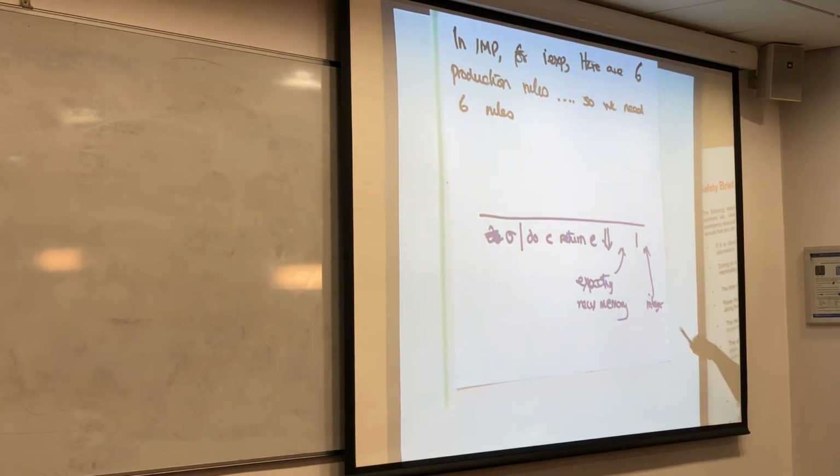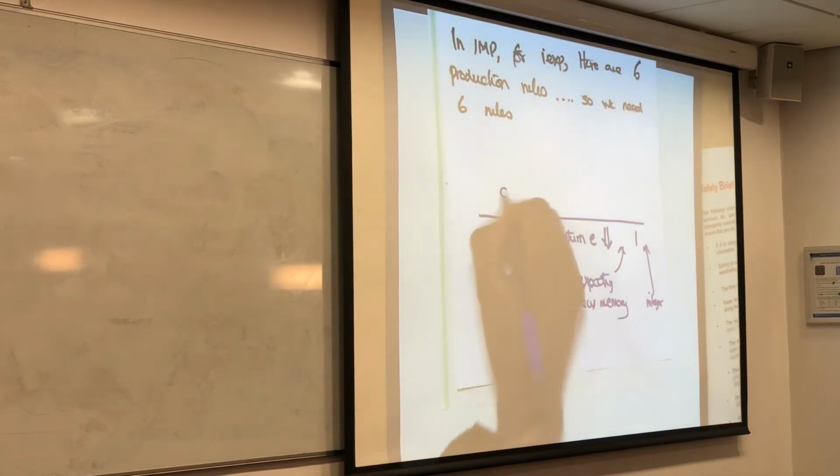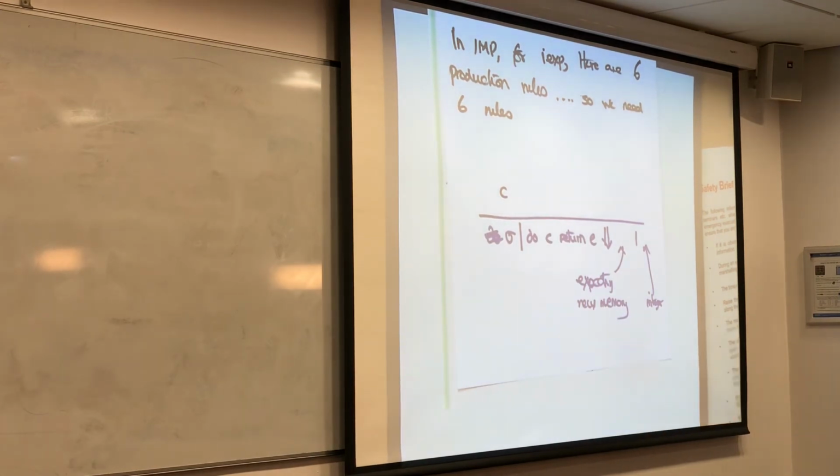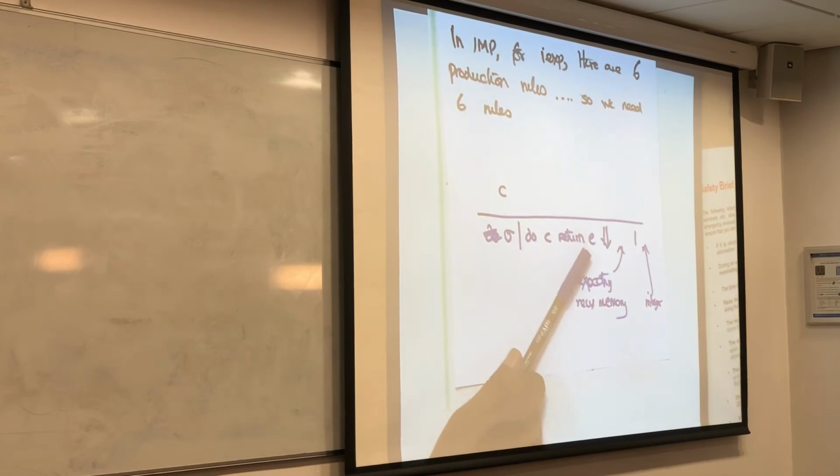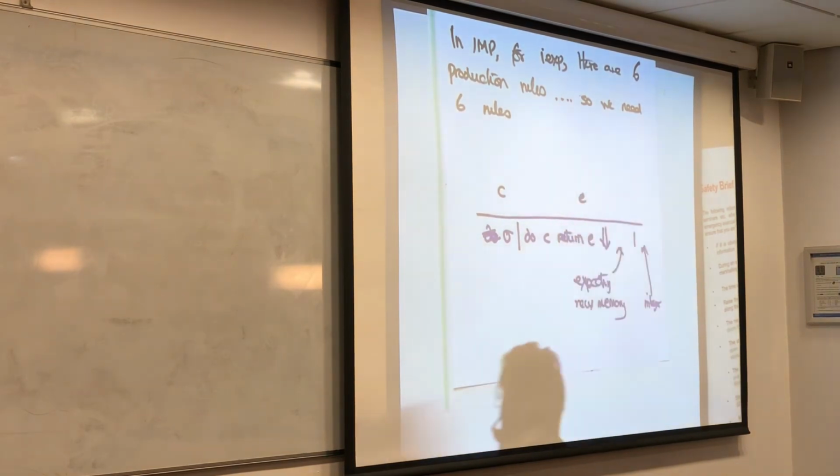So what are the bits inside this do command? C. Yeah. First of all, we have to execute the command C. So we better try and evaluate that. That's a good start. So I'll write C down for you here. We've got E as well to return. Yeah, there's an E here. So at some point, we'll need to evaluate that. So let's put that here.